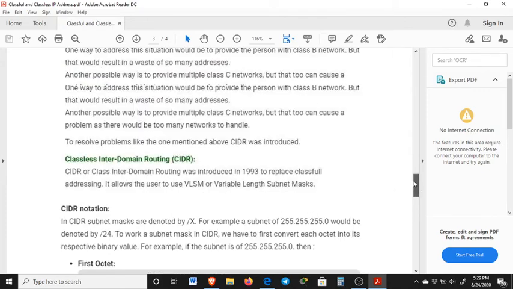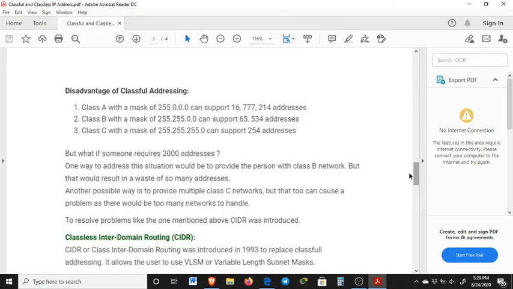So if you look at the subnet masks here, it means slash 8, slash 16 and slash 24. These ones are constant.